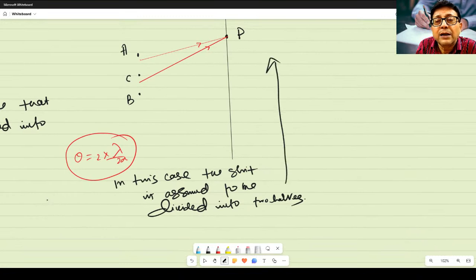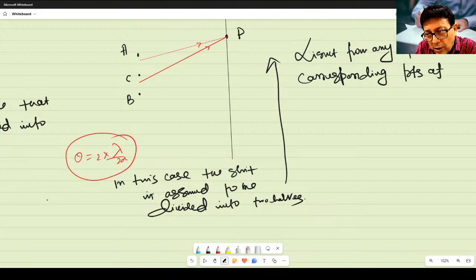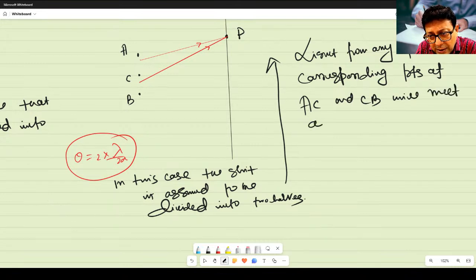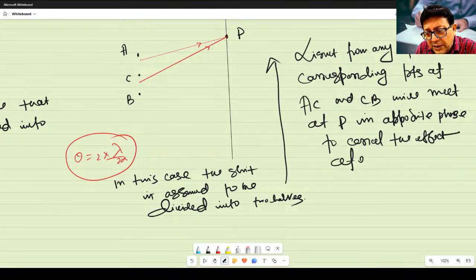What is happening there? Light from any two corresponding points of AC and CB will meet at P in opposite phase to cancel the effect of each other.